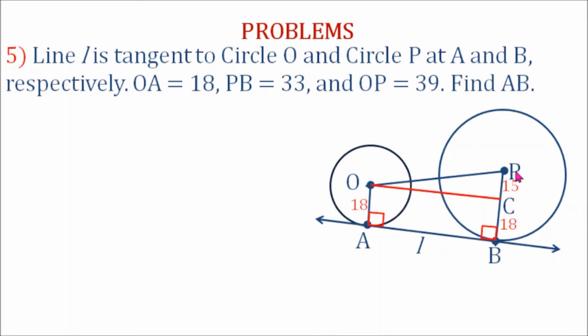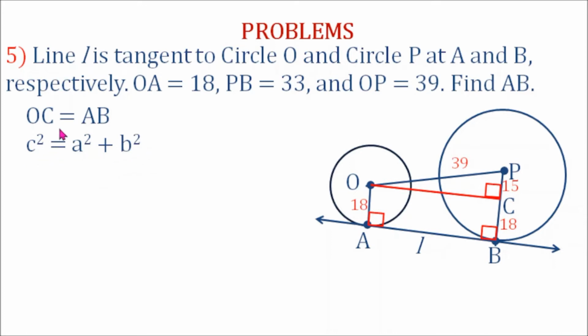And OP equals 39. So we have a right triangle here. So we are going to find OC. Why? Because this OC is equal to AB. Now, since we have a right triangle, we will use Pythagorean theorem. That is C squared equals A squared plus B squared.